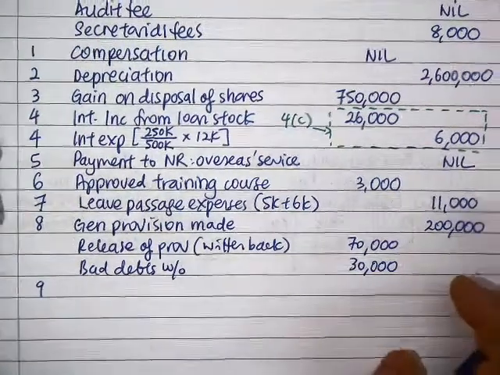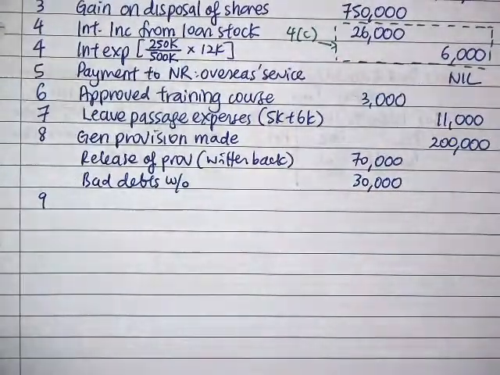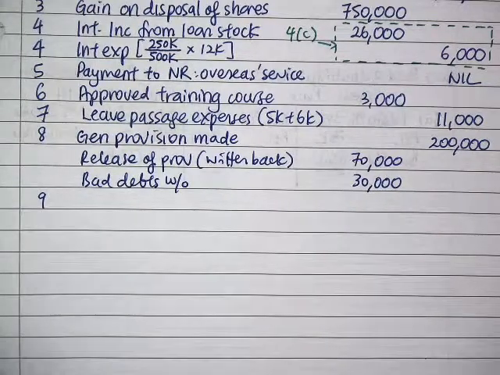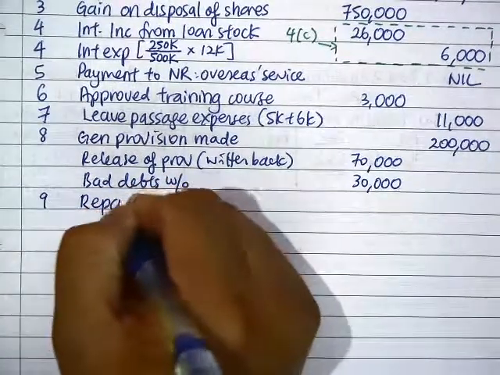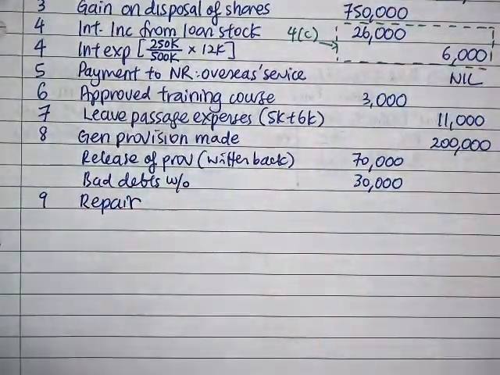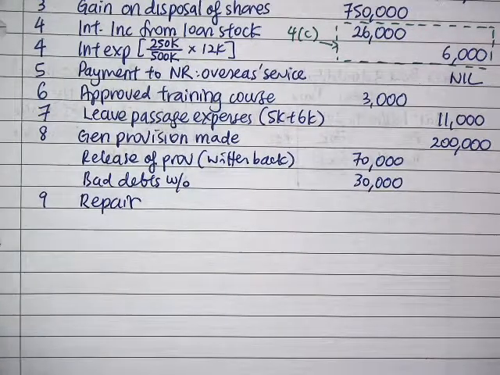Okay, note 9. Right, included in repair and maintenance is 8,000, which relates to repair to a damaged office floor. Repair. Is there any issue to claim deductions for repair?